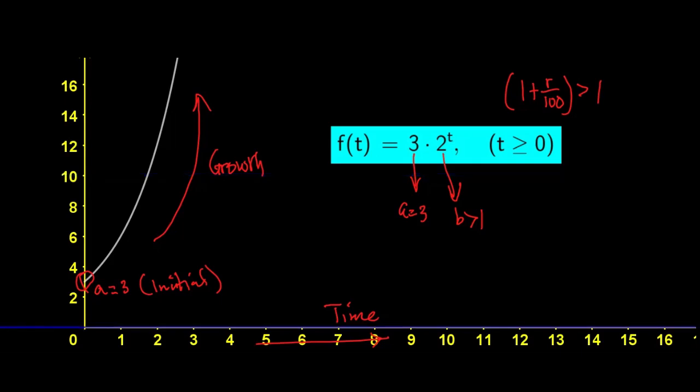Let's take 0.15, raised to power t. And then let's condition our t to be greater than or equal to 0.